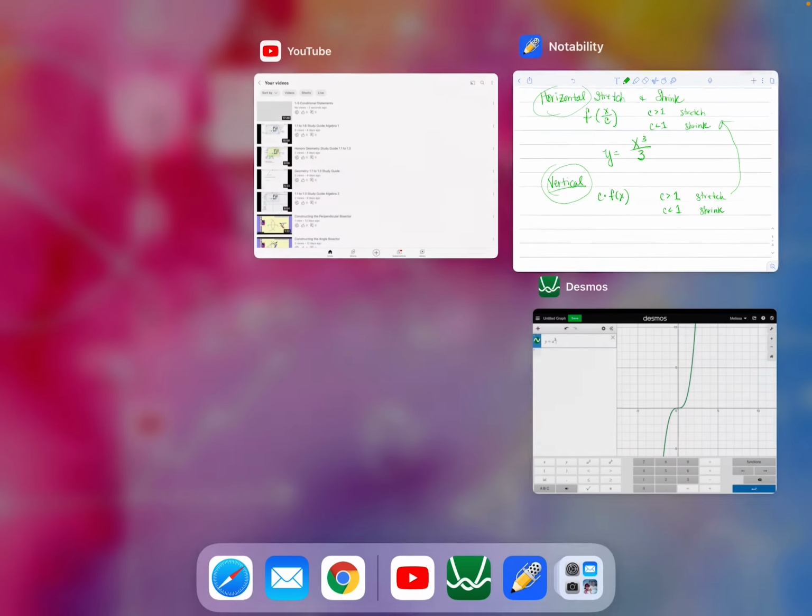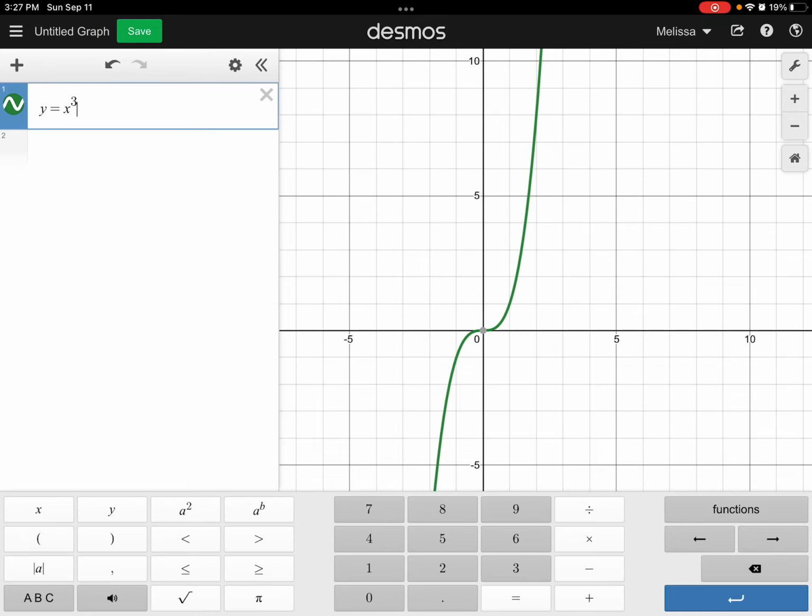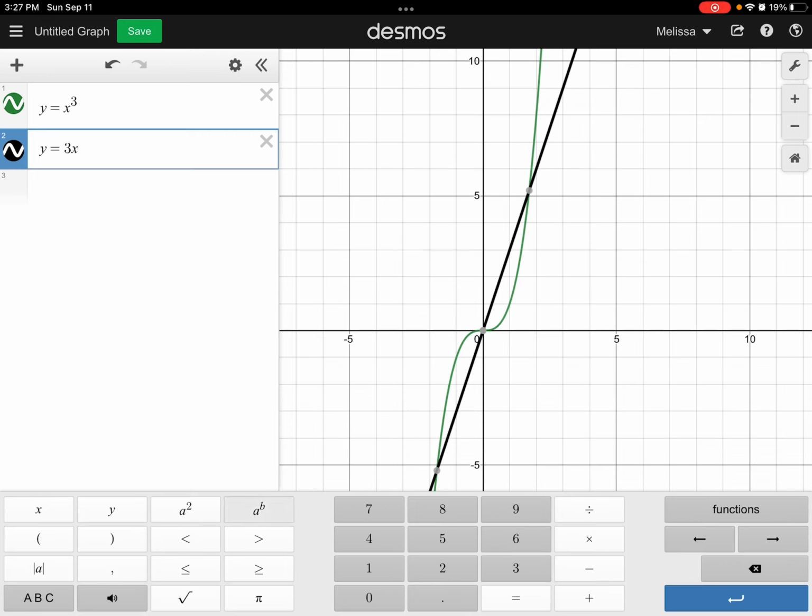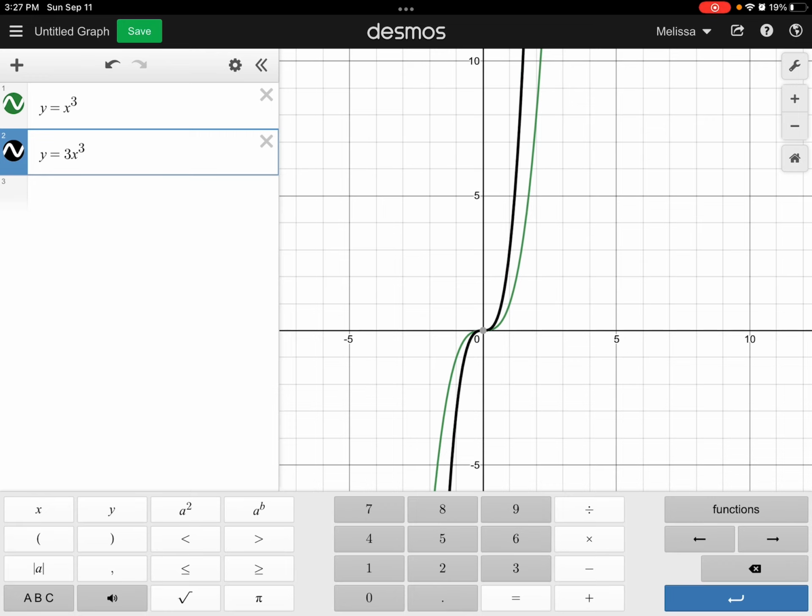So let me show you what I mean by that. If I were to multiply by 3, y equals 3x to the third power. So look at that. That's a vertical stretch.